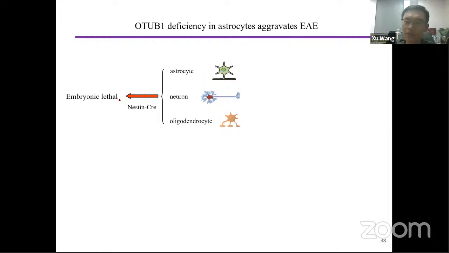Then we generated another OTUB1 knockout mouse. In this mouse, OTUB1 was specifically deleted in astrocytes. So we generated one mouse strain with OTUB1 deficiency only in astrocytes.